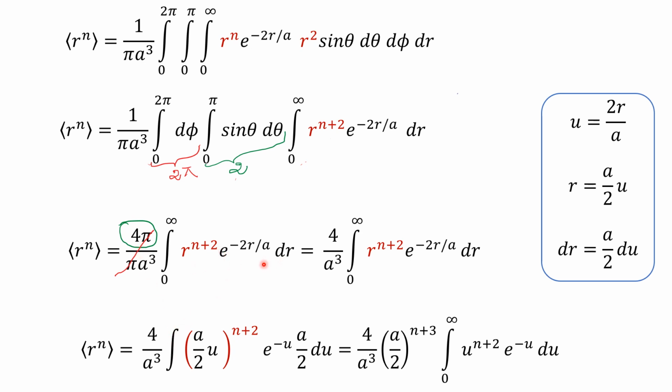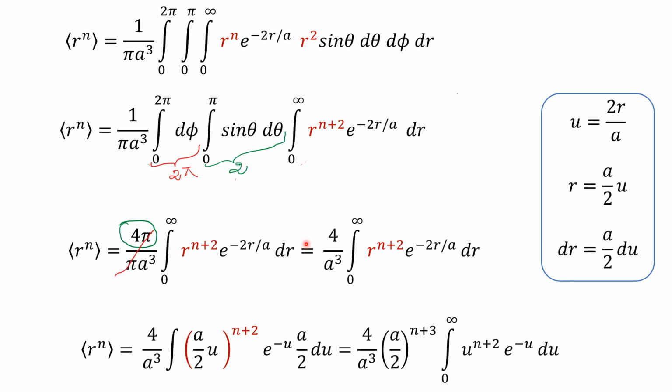Now you come to the integral part. Here I am going to keep u as 2r over a. Then r is equal to a by 2 u, so dr is equal to a by 2 du. You substitute this here.